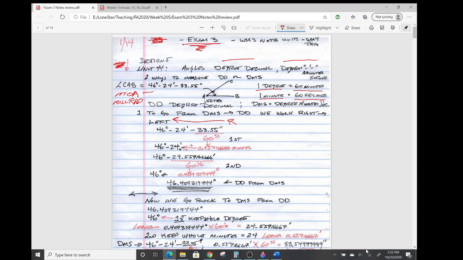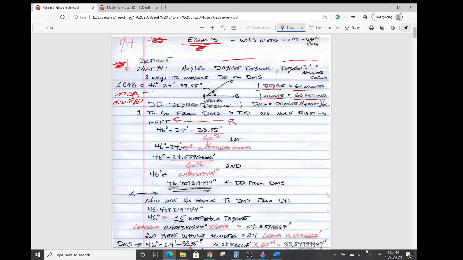Remember, we had 24 minutes. So now our angle is 46 degrees and 24.559166666 minutes. It's not seconds. We converted our seconds to decimal minutes, or fractional minutes, and added it to our whole minutes.